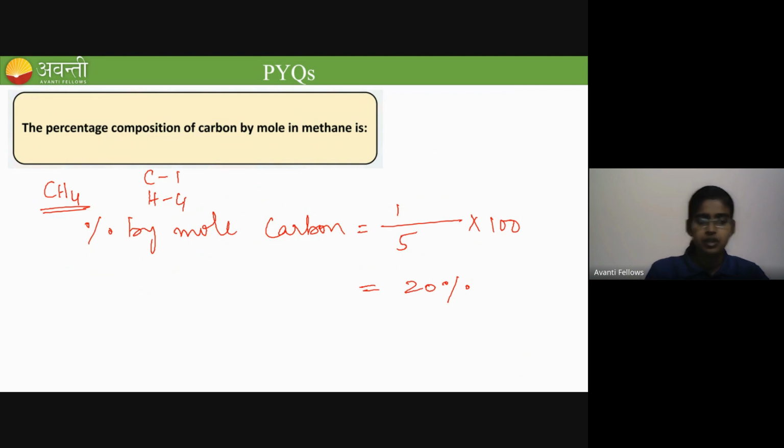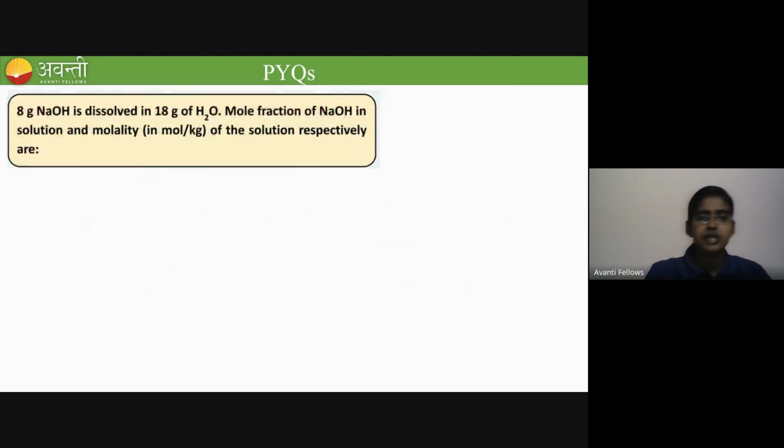Okay. And coming to the next question, 8 gram sodium hydroxide is dissolved in 18 gram of H2O. The mole fraction of NaOH in solution and the molality of the solution, respectively, are. So here, to find out the mole fraction of NaOH, we need to find out the number of moles of that NaOH.